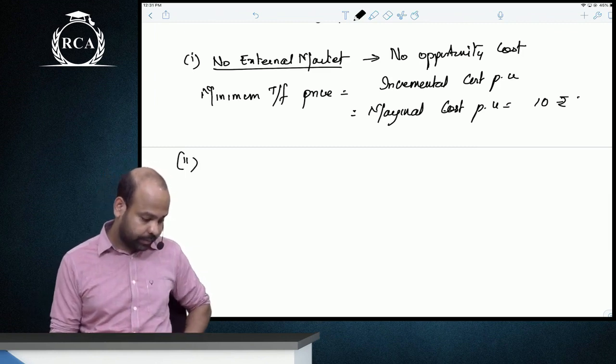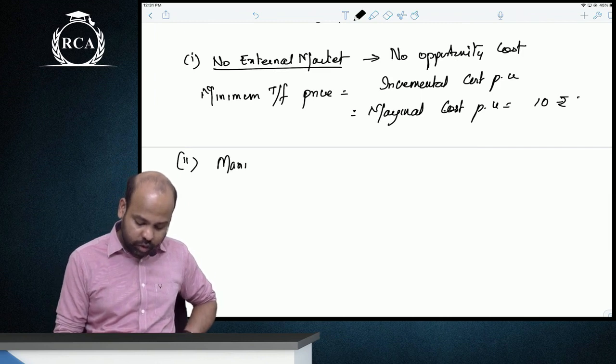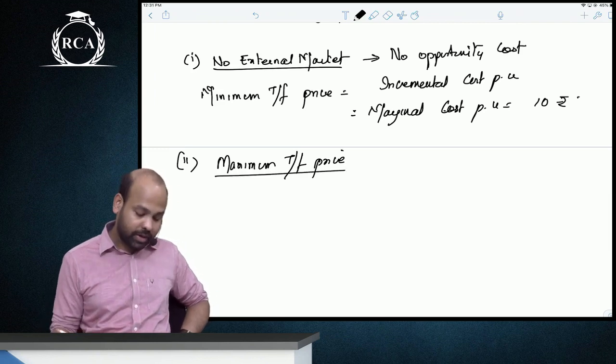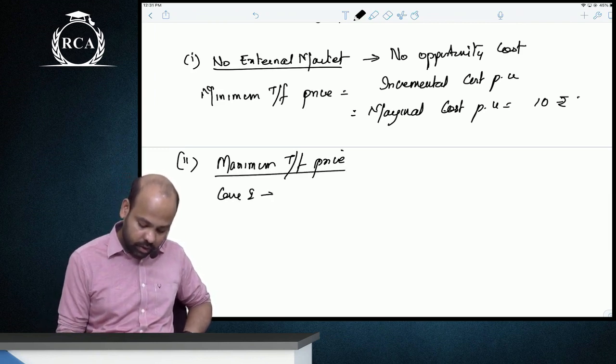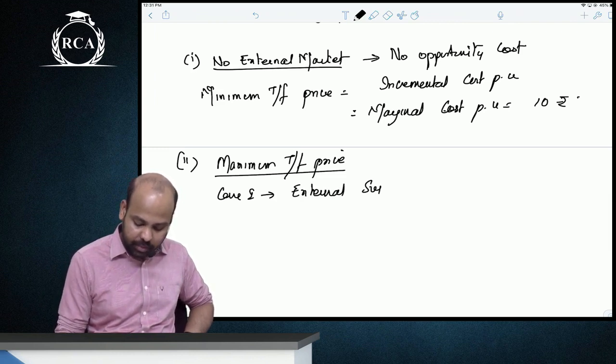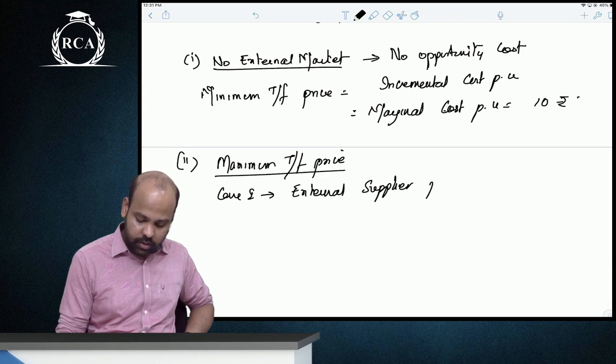Understood, sir? They are also asking us to compute the maximum transfer price. Under maximum transfer price there are two cases. Case 1: if the external buying price, the external supplier price, is 14 rupees.